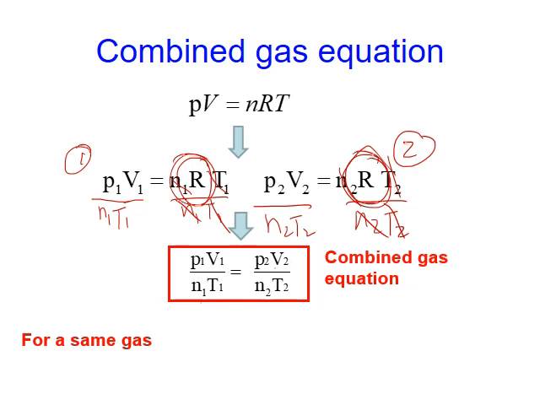Now for the same gas, N1 equals N2, and then we have the combined gas law P1V1 over T1 equals P2V2 over T2. This combined gas law is more convenient when we deal with the same gas that changes from state 1 to state 2.